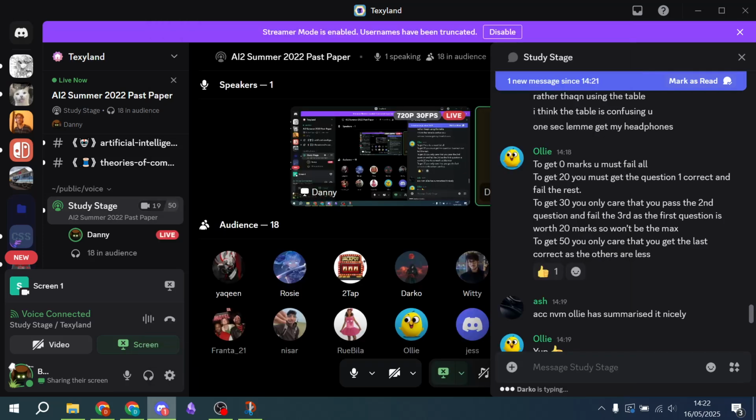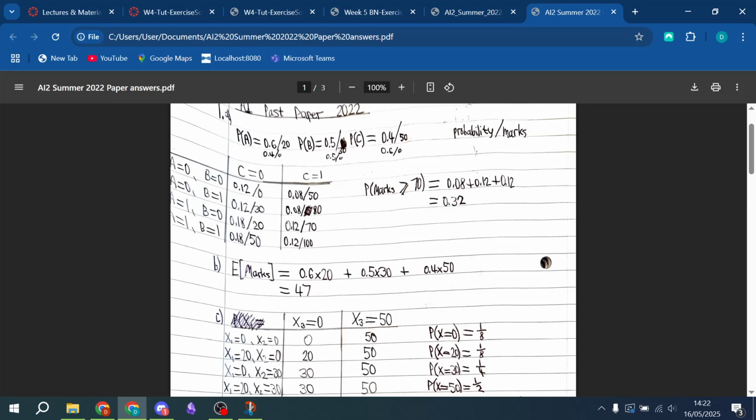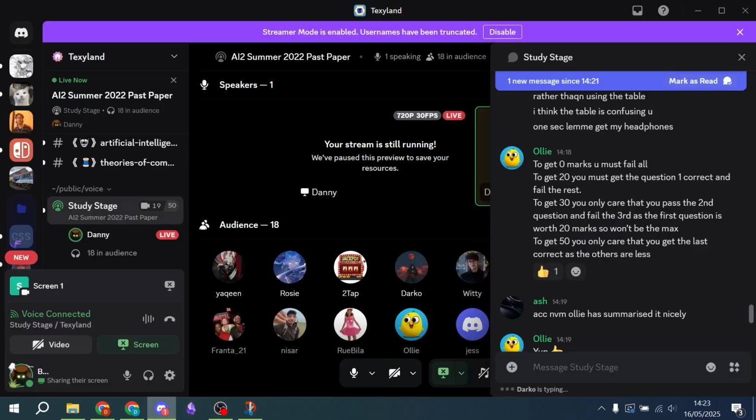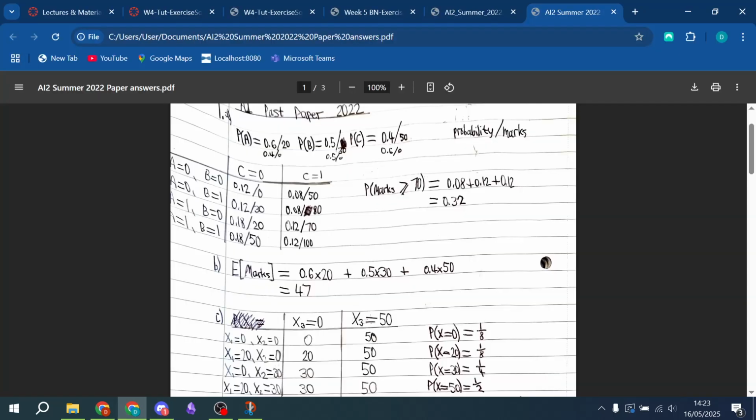Which is all these three probabilities times together, 0.6 times 0.5 times 0.4. Oh, no, sorry. The other ones, 0.4 times... It's the same number, but the probability of not A times not B times not C. Then to get 20, you have to get question A correct, but nothing else.